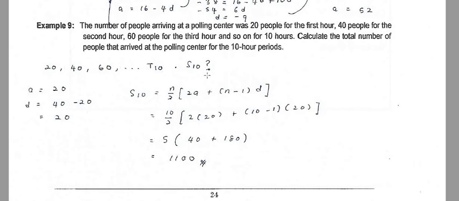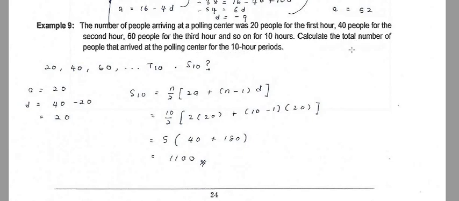So from the sequence, we know that the first term is 20. So A equals 20. And then we can find the common difference. 40 minus 20 is 20. 60 minus 40 is also 20. So D equals 20. Calculate the total number of people that arrive at the polling center for the 10-hour period.